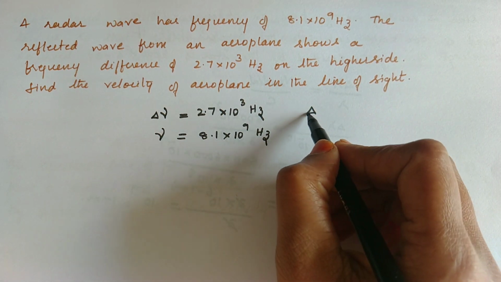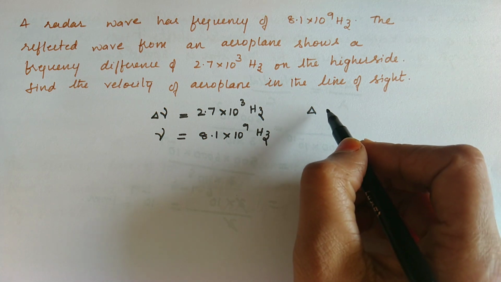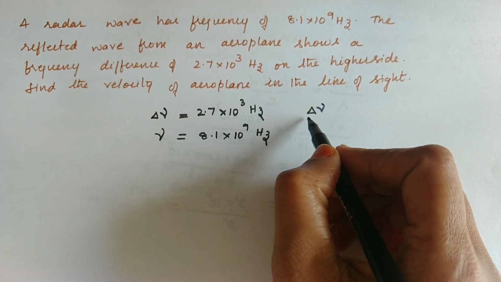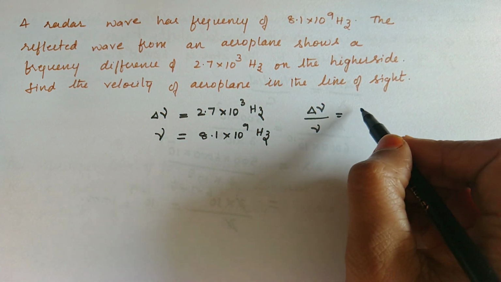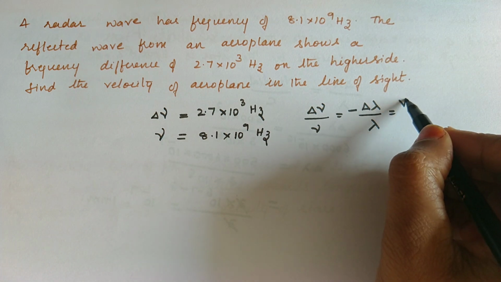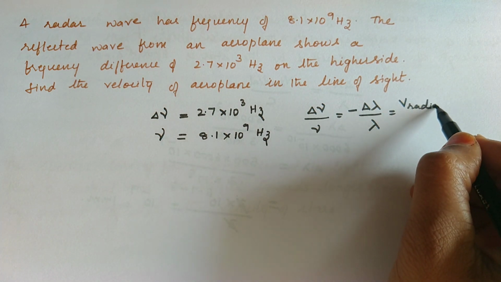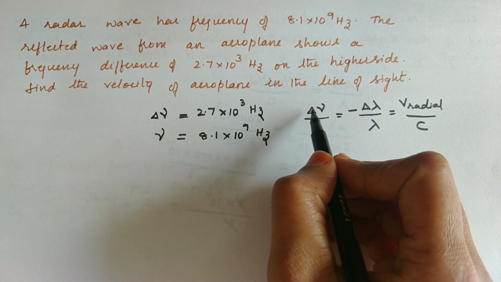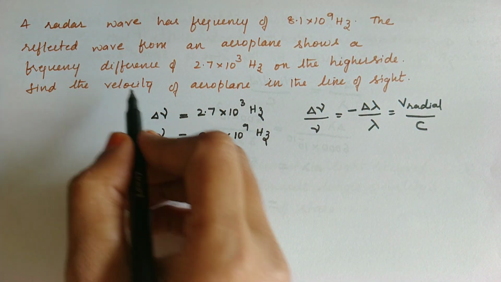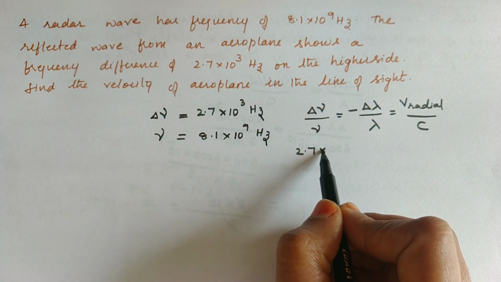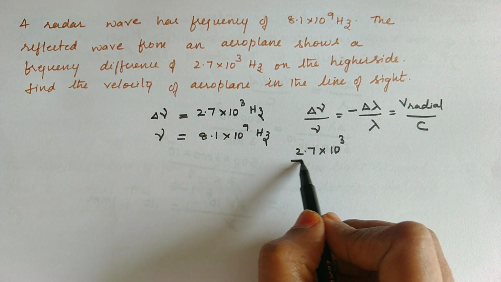Again the same relation, because whenever speed of the particle is less when compared with speed of light, we use this equation. Delta nu by nu is equal to minus of delta lambda by lambda, which is V radial by speed of light. Since the difference in frequency is given, delta nu is 2.7 into 10 power 3.